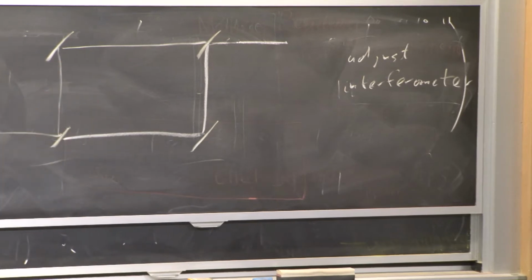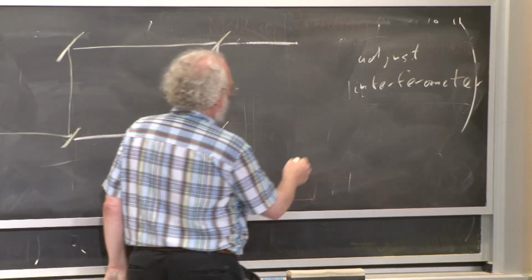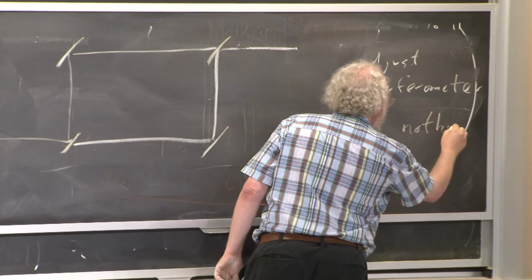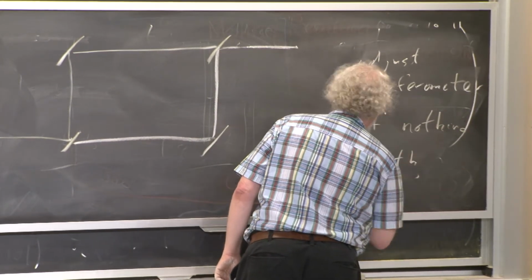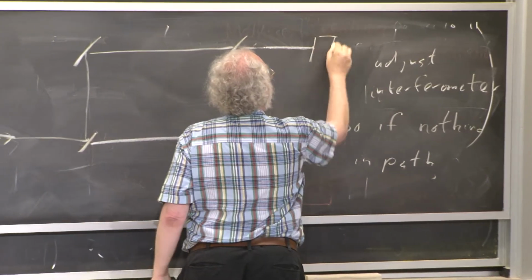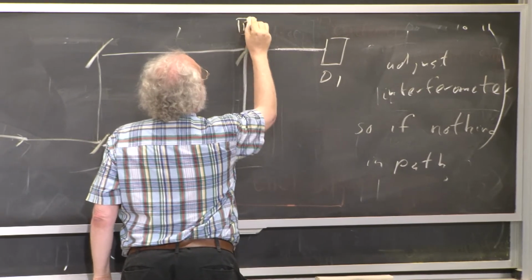We adjust it so that if there's nothing in the path, everything goes to this detector: detector 1, not detector 2.